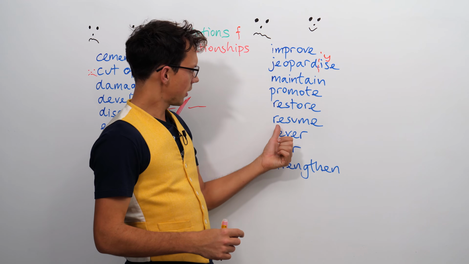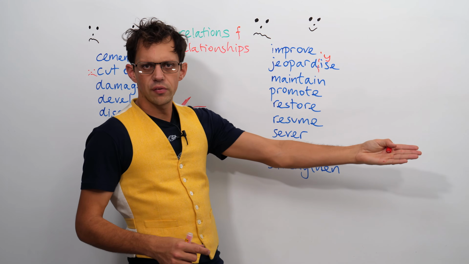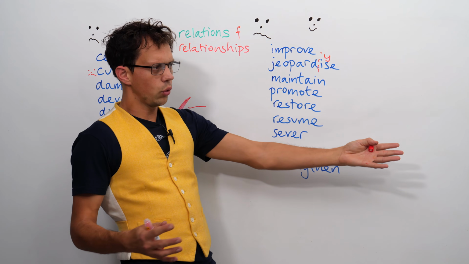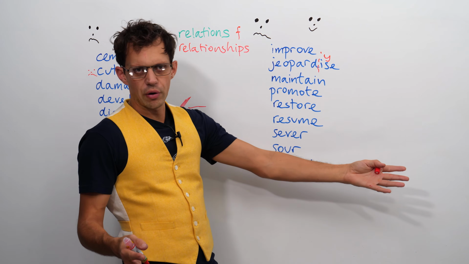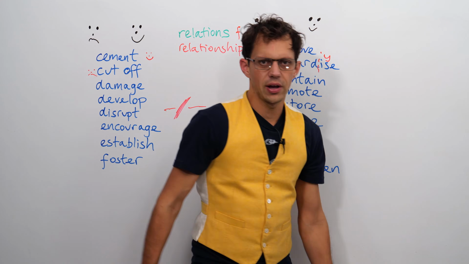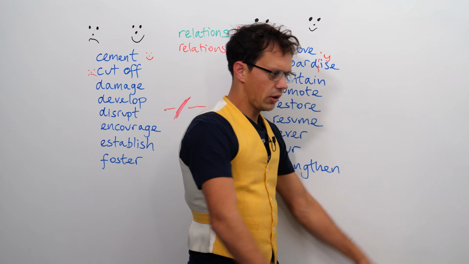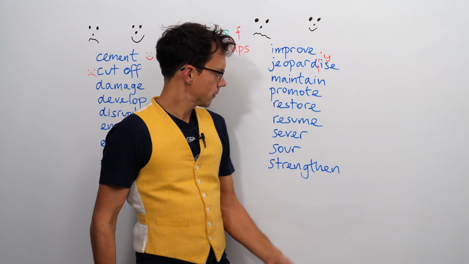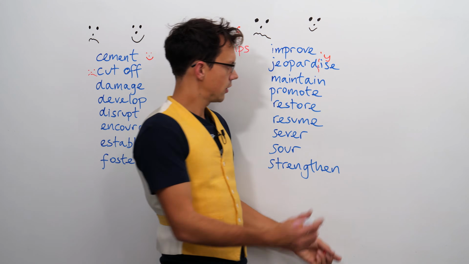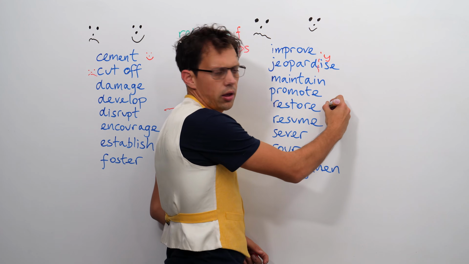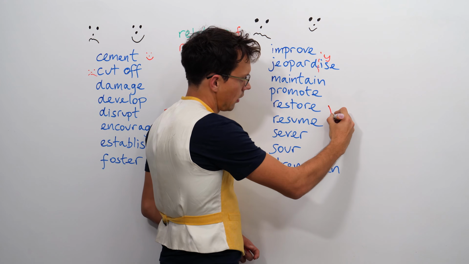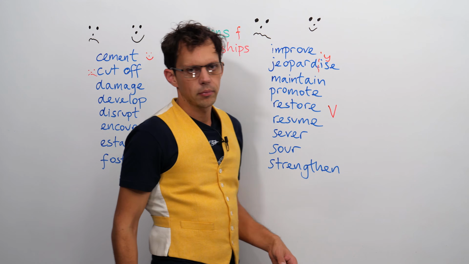If we restore something, maybe we've got an old piece of furniture and it's looking awful because it's been thrown around and it's got chips everywhere. If you restore it, you put love into it and you make it look like it used to look. To restore relations means they were good, they went bad, but now you're helping them again.